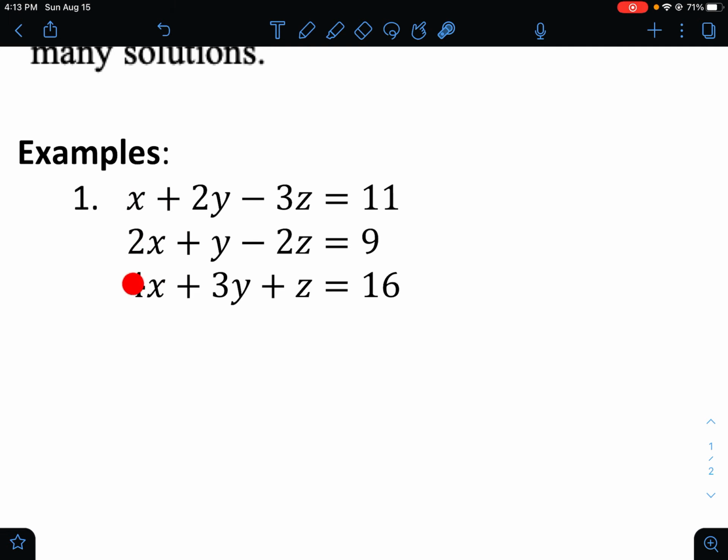Whereas it might be harder to do y or z. But actually, in this case, all of them seem to be pretty easy. What we're going to do is first choose a variable that you would like to cancel out in part of our equation here. So I'm going to go ahead and cancel out the x's in these first 2.